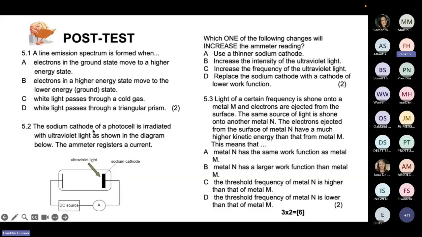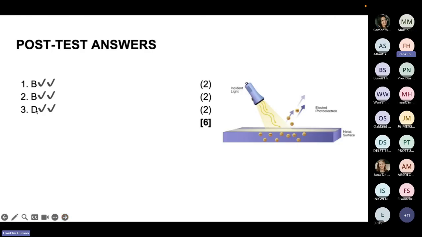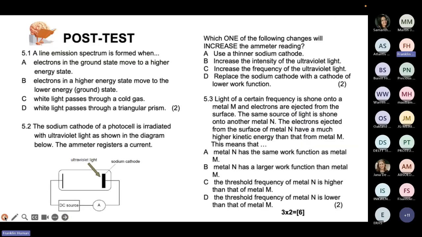5.2, the sodium cathode of a photocell is irradiated with ultraviolet light as shown in the diagram below. The ammeter registers a current, and again, this is exactly the same setup as we had in the simulation. Which one of the following changes will increase the ammeter reading? Your answer for question 2 is B, increase the intensity of the ultraviolet light.